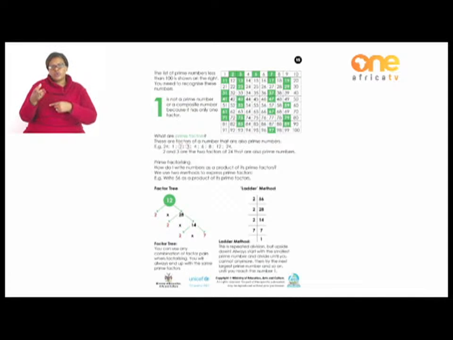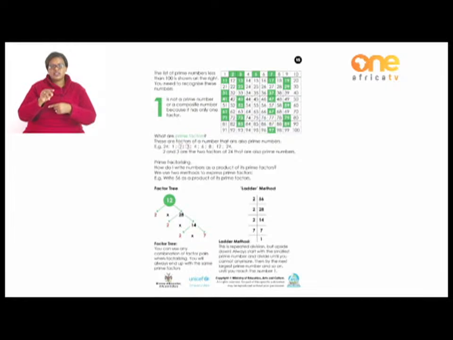So, moving to the ladder method, we are halving from top to bottom. 56 halved, you get 28. You divide by 2, you get 14. Divide by 7, you get 7. And 7 divided by 7, of course, you get 1.